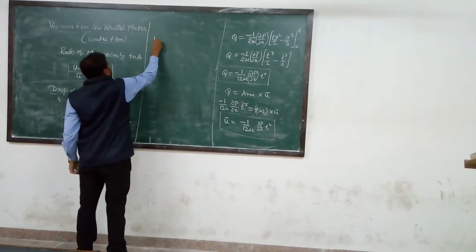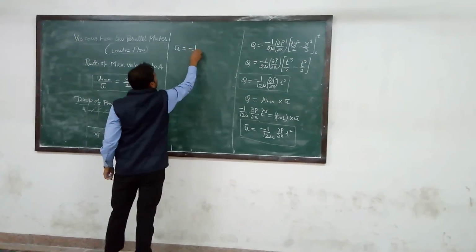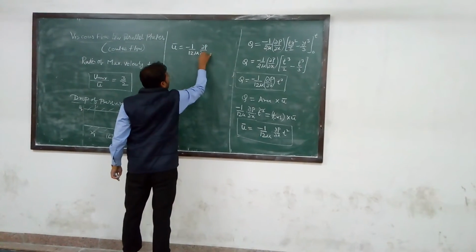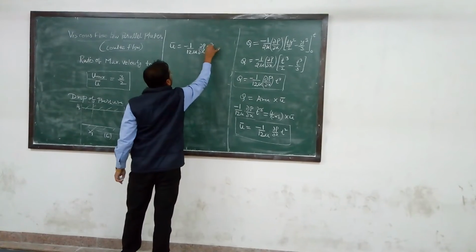U bar is equal to minus 1 by 12 mu del P by del X into T square.